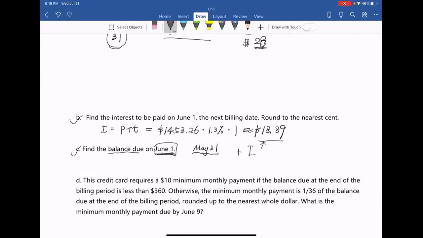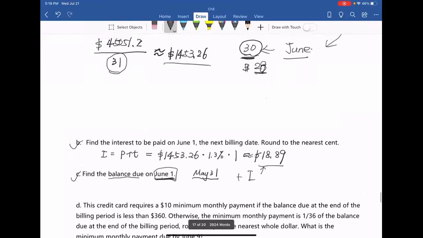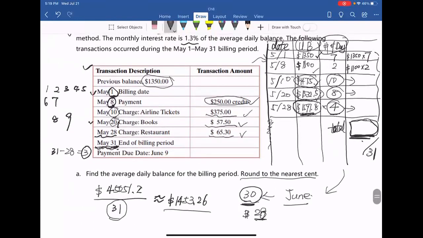So that's the balance due. We can find the unpaid balance for May 31st. Oh, it's this amount. My table doesn't look that beautiful. Okay, the unpaid balance is 1579.